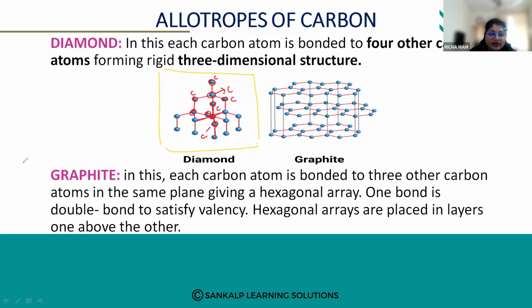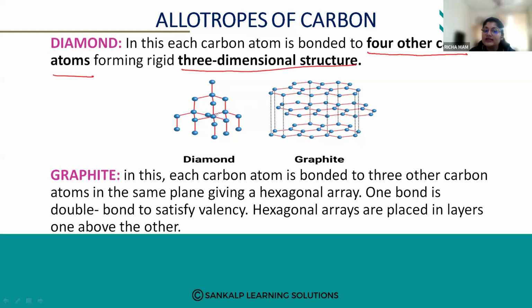So when you see the arrangement of carbon atoms in the diamond, each carbon atom is bonded to four other carbon atoms, and thus it forms a 3-dimensional structure.